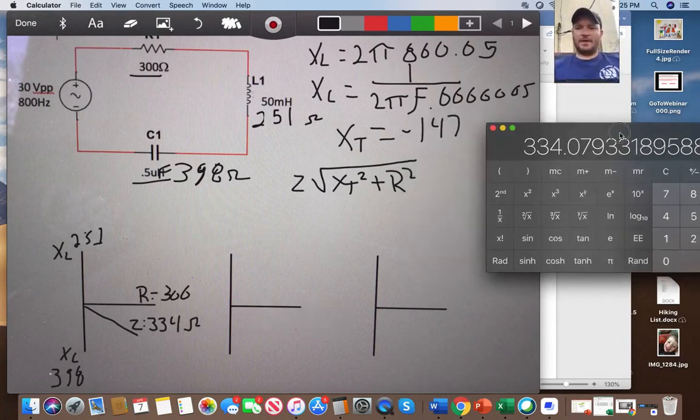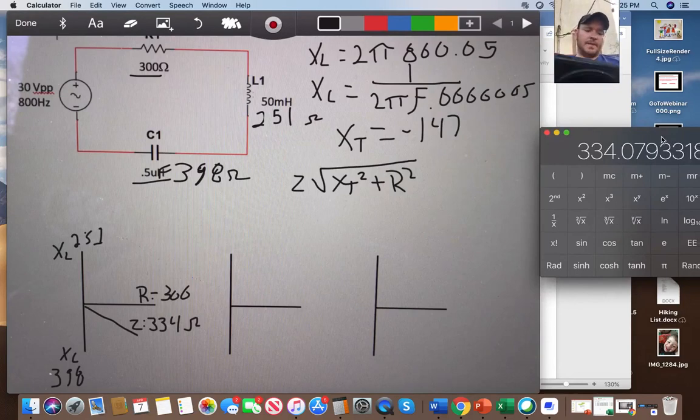Now the next thing we need to calculate is our phase angle.